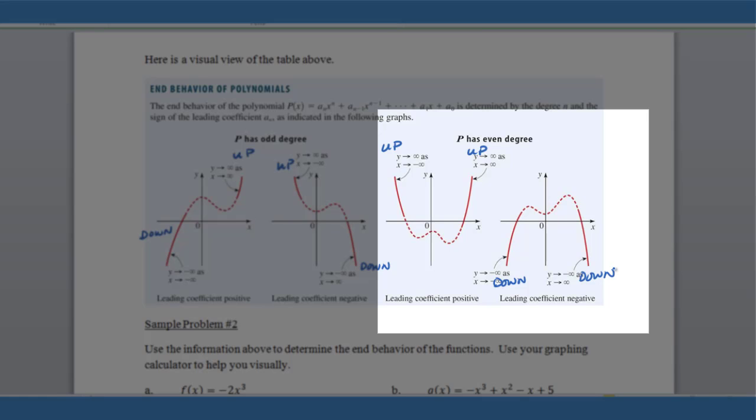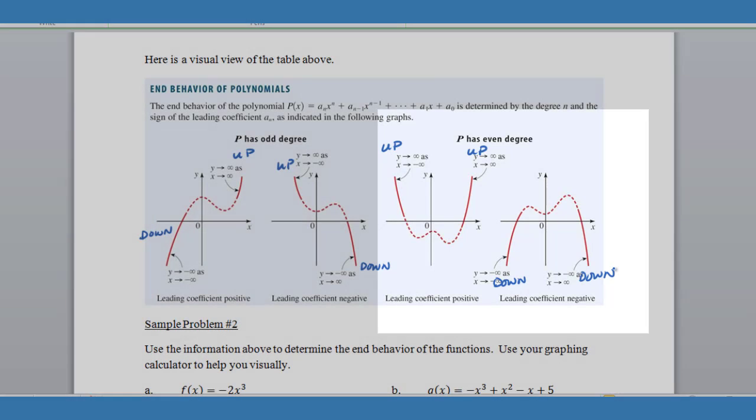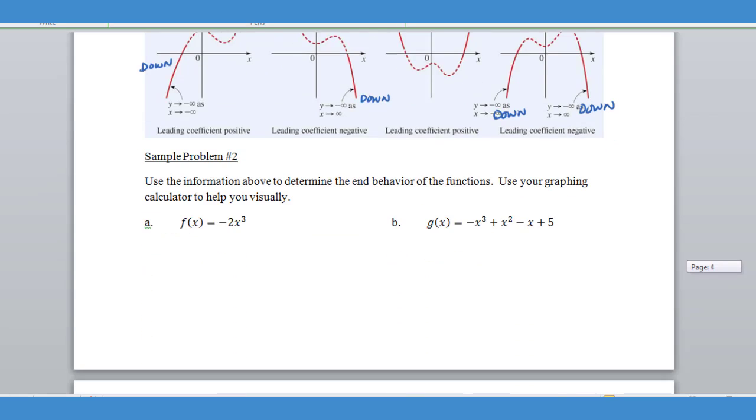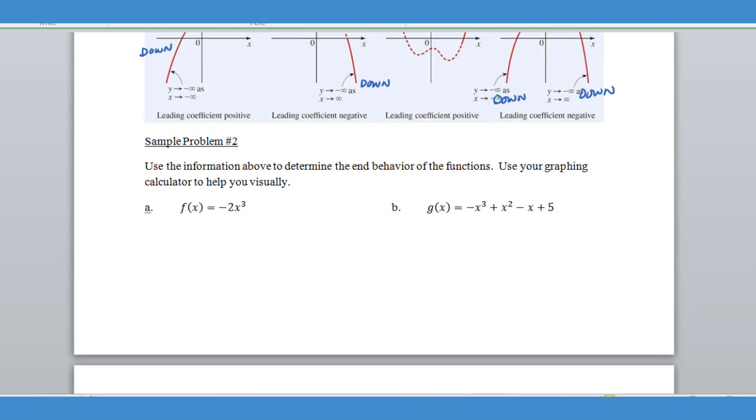So these are some general trends and patterns that you'll definitely want to look for and identify, either by looking at the actual function's equation or by looking at the graph. And so end behavior is a good part of the nature of a graph to understand. So let's take a look at sample problem number 2. Go ahead and read the directions and try to identify the basic end behaviors of part A and B.